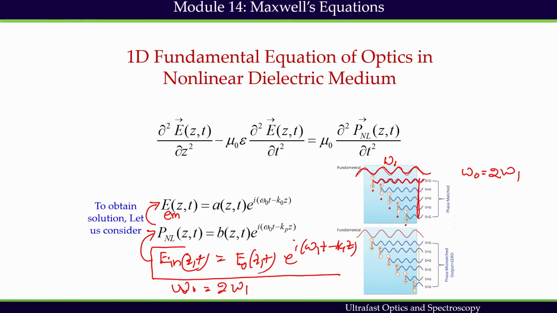So, if we can create all these fields in phase, then we call it phase matched and we get maximum intensity from the SHG process. But if the fields are not matched, if the fields are destroying each other due to destructive interference, then in the end we will not get any conversion for SHG. That is why it is very important to understand how K naught and Kp are related, because these two quantities are going to contribute to the conversion efficiency.